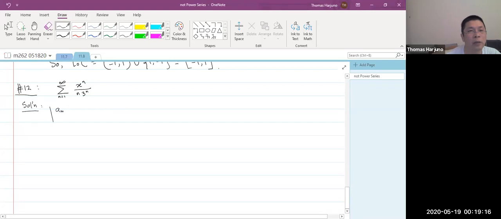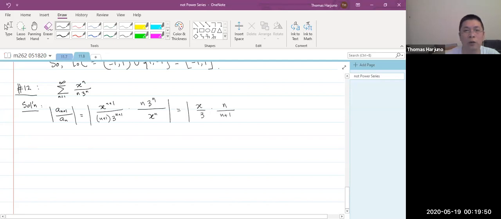So a_(n+1) over a_n is equal to x^(n+1) over (n+1) times 3^(n+1), times the reciprocal, which simplifies to x over 3 times n over n+1.